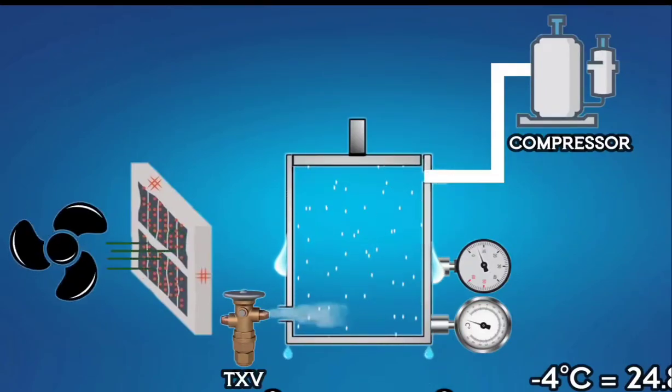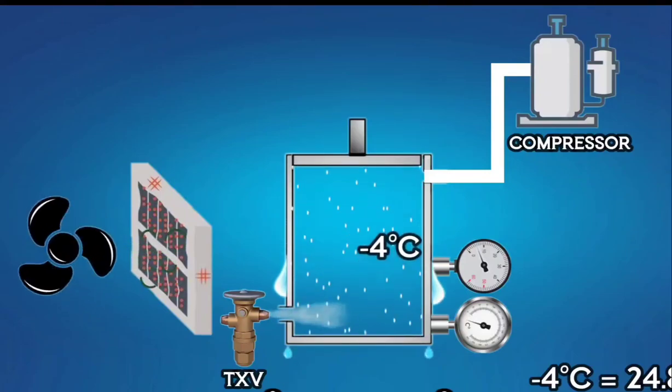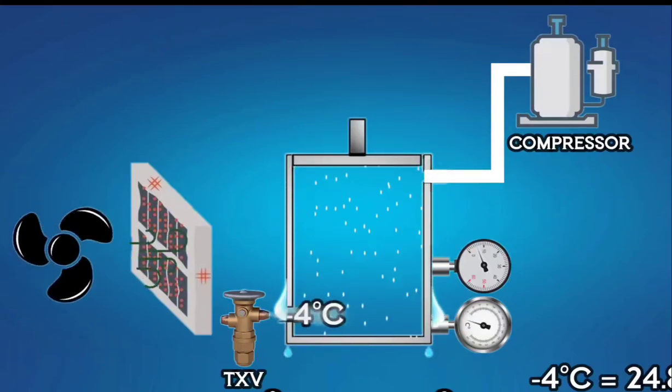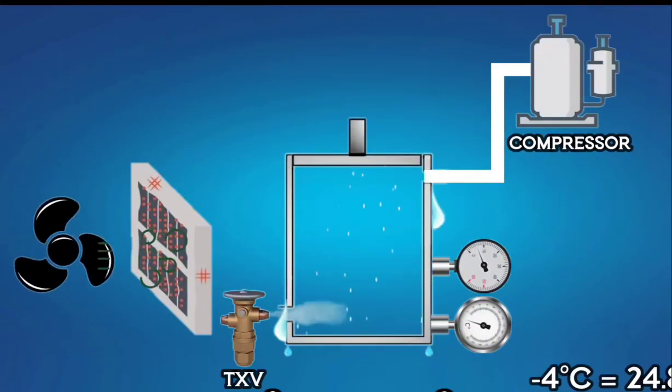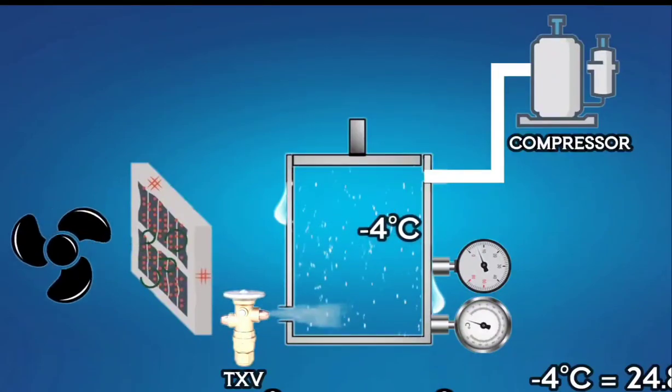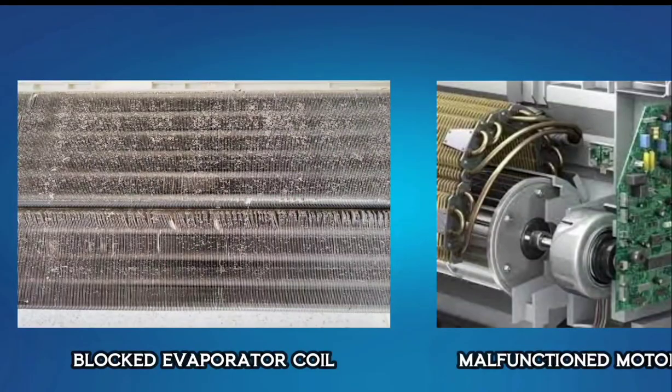When the temperature of the evaporator coil goes to minus, as we have already said, the water freezes and forms ice all over the evaporator coil. With the same concept, if the evaporator coil is blocked, or the blower fan is not working, air cannot flow, so the temperature of the refrigerant will decrease, and the evaporator coil will freeze.